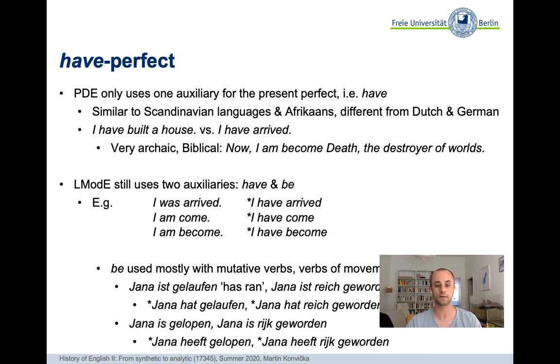So you have "Jana ist gelaufen," "Jana has ran," "Jana ist reich geworden," "has become rich." Right? So gelaufen, a verb of movement, and reich geworden, a mutative verb referring to a change. The same thing would also apply for Dutch.